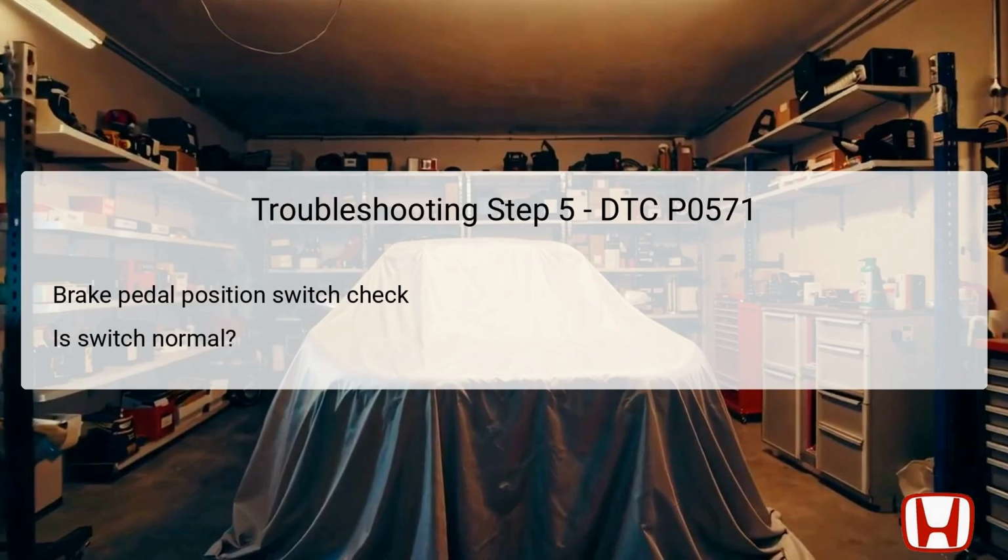Step 5 requires a direct examination of the brake pedal position switch to ensure it operates effectively. The switch's operational status can be assessed through testing its integrity. A functional switch should reflect a consistent and reliable response when the brake pedal is engaged. If the switch is found to be defective and fails its tests, it must be replaced to restore proper function.